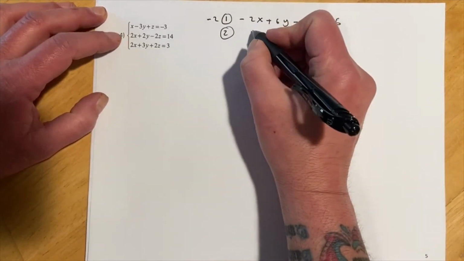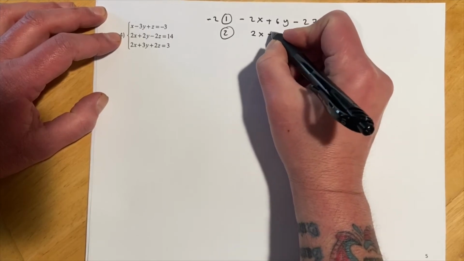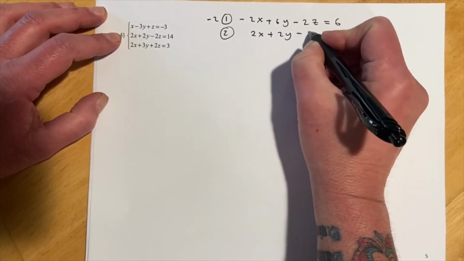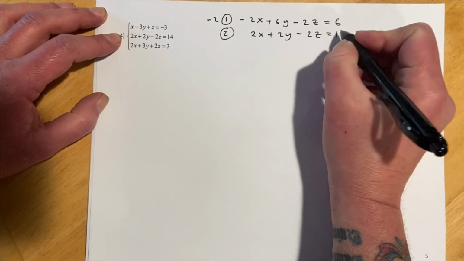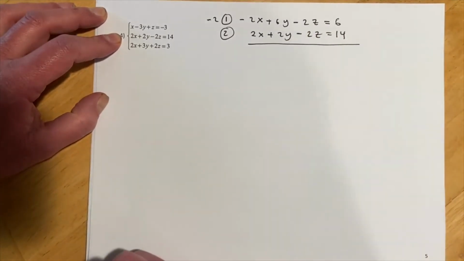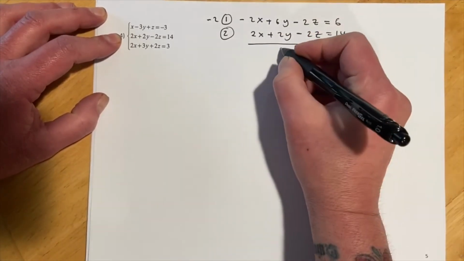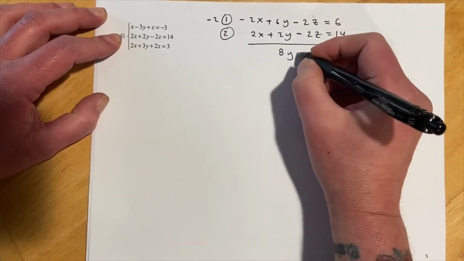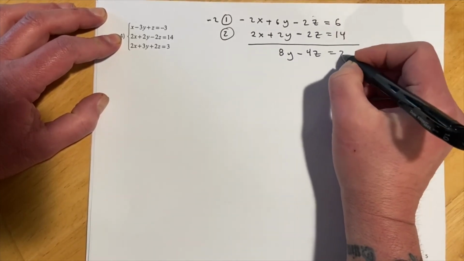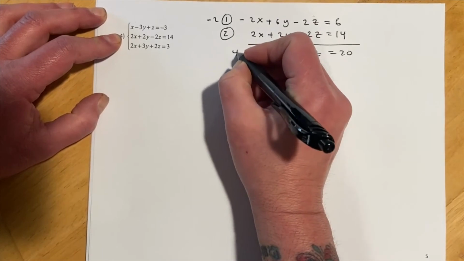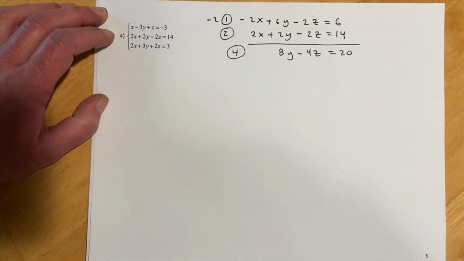And I just have to copy this one over. Okay, and then those cancel, and this is going to give me 8y minus 4z equals 20. And I'm going to call that one equation 4.